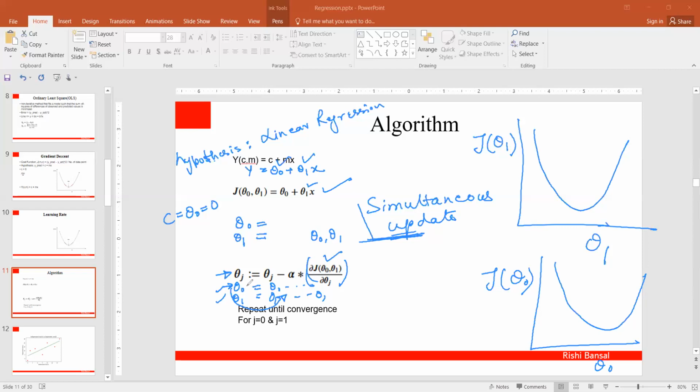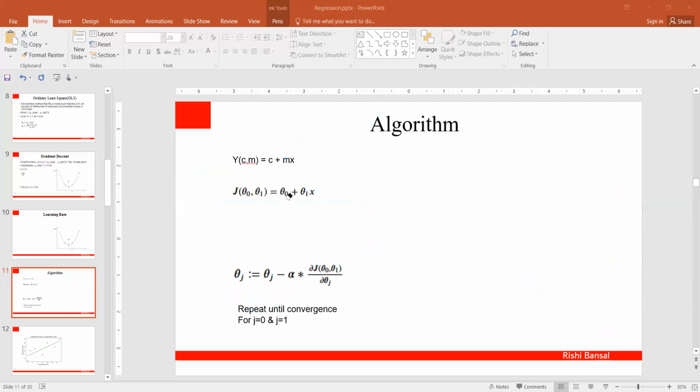Whatever you are calculating in this loop for theta 0, you should not use to put into theta 1. So the previous theta value you should put, not the current value. This is why we do simultaneous update in gradient descent. This is the whole algorithm of gradient descent. Repeat until convergence, meaning until you find your minimum.